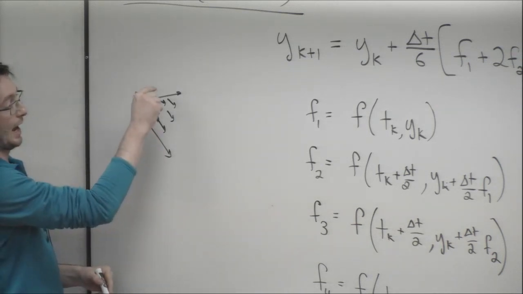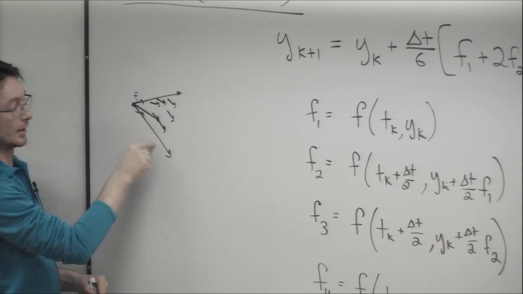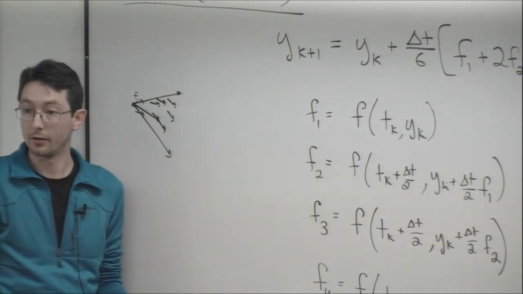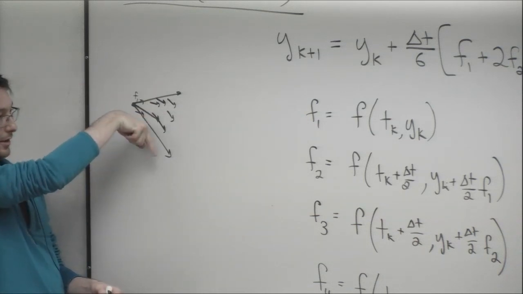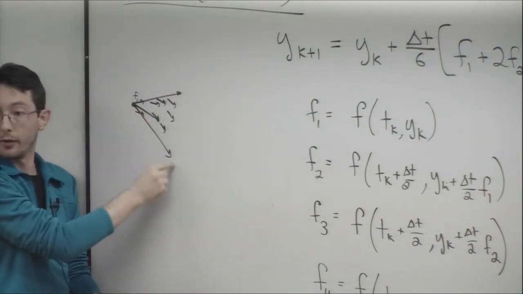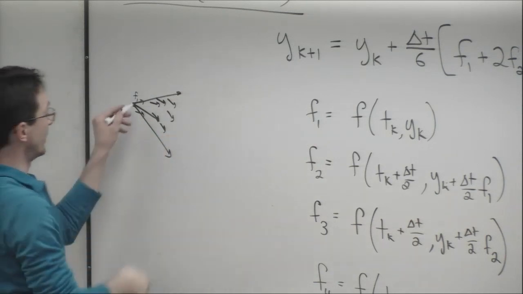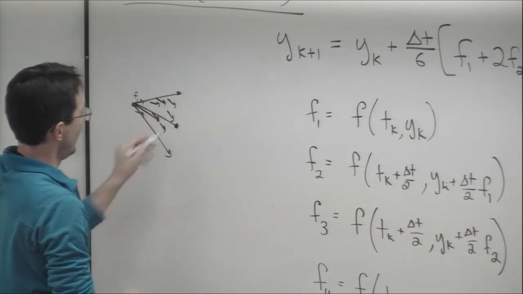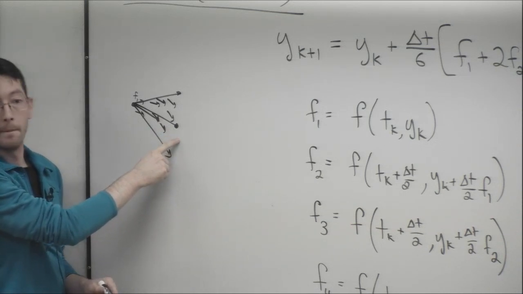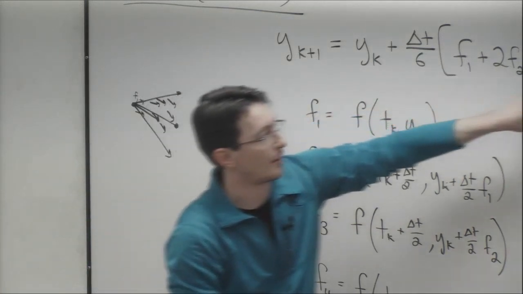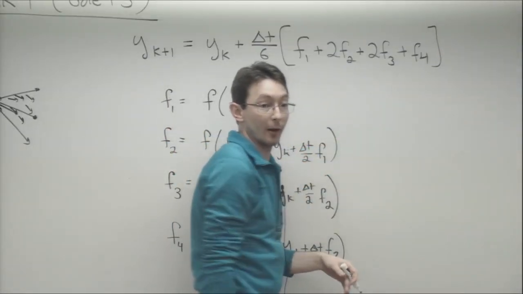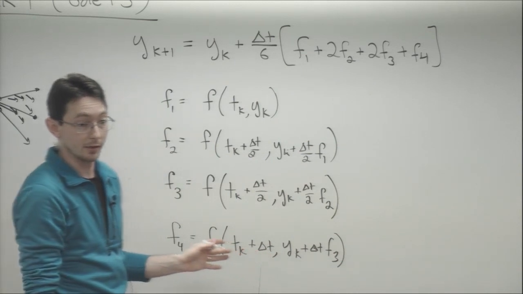And now I'm going to take an average of all of these final points that I've queried, all of these f1, f2, f3, and f4 vectors, all of these directions. I'm going to take some weighted average of these directions because I've queried 4 different points in my flow. And I'm going to take a full Euler step in that direction. And I'm going to get much, much closer to the true answer because some special property of this combination cancels out lots and lots of powers of delta t in the Taylor series expansions.